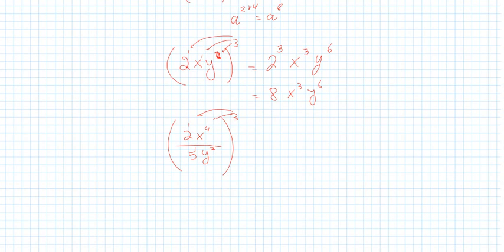So that's going to be 2 to the power of 3, x to the power of 12 over 5 to the power of 3 and y to the power of 6. Is this clear for you guys?